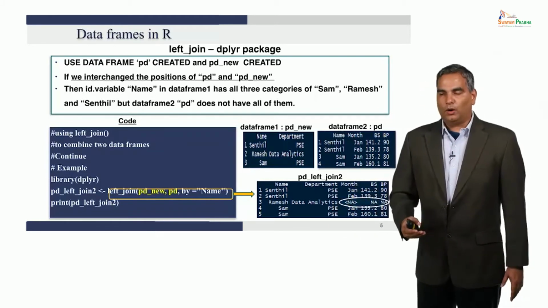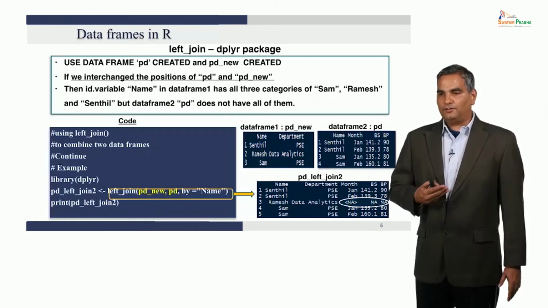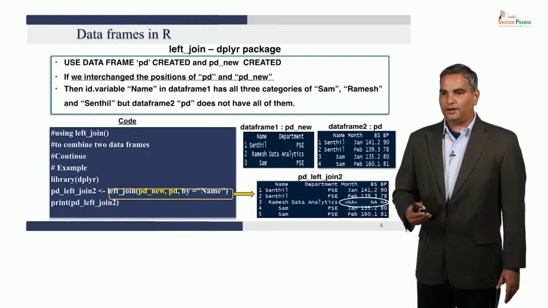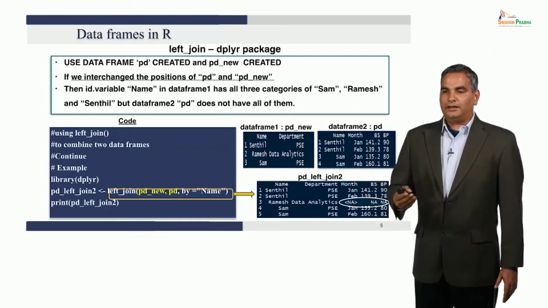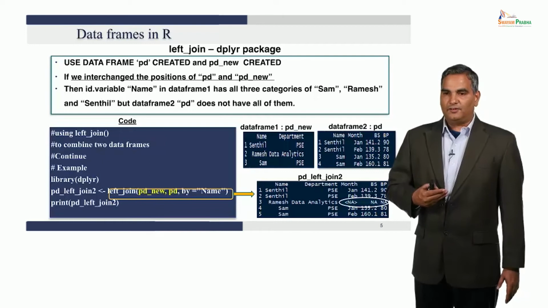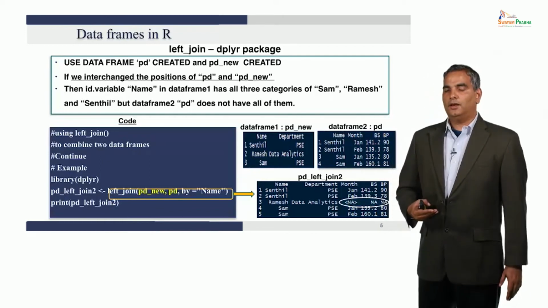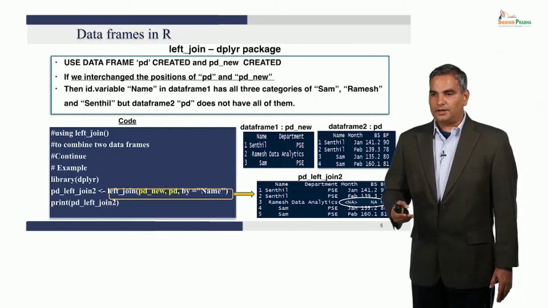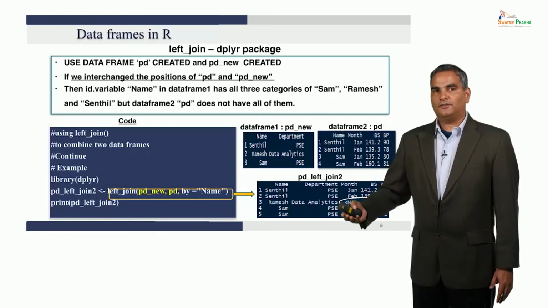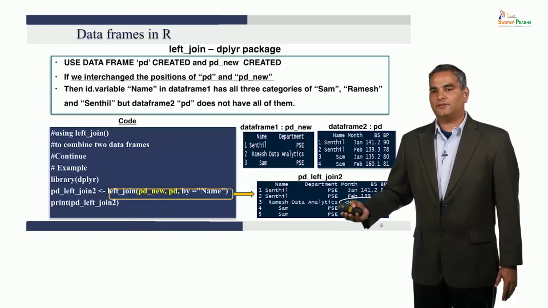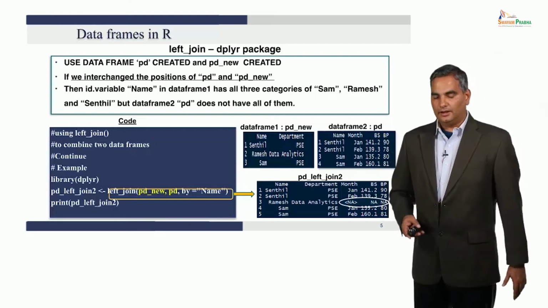In this case, for the names that have information in both data frames, such as Senthil and Sam, R concatenates. But now, unlike the previous time where PD was the reference, since PD new is the reference, I am forced to retain Ramesh. So whatever information is there for Ramesh comes back, but whatever information is not there, it says it's not available. So that is how R joins these data frames.